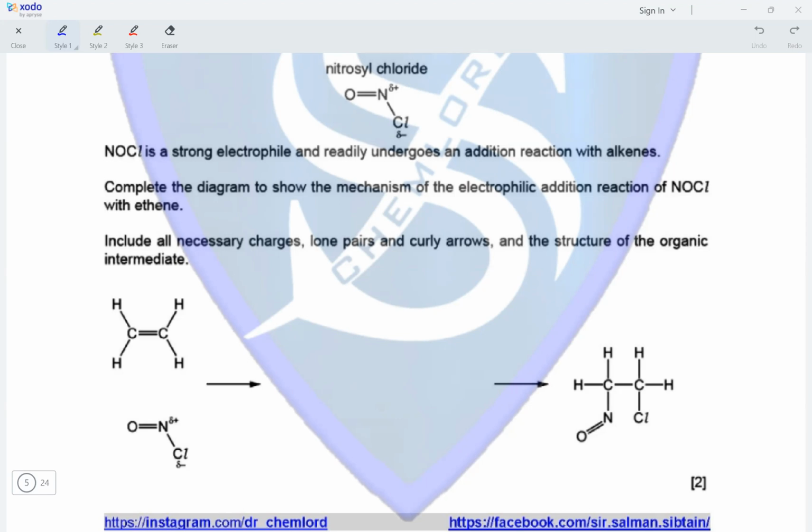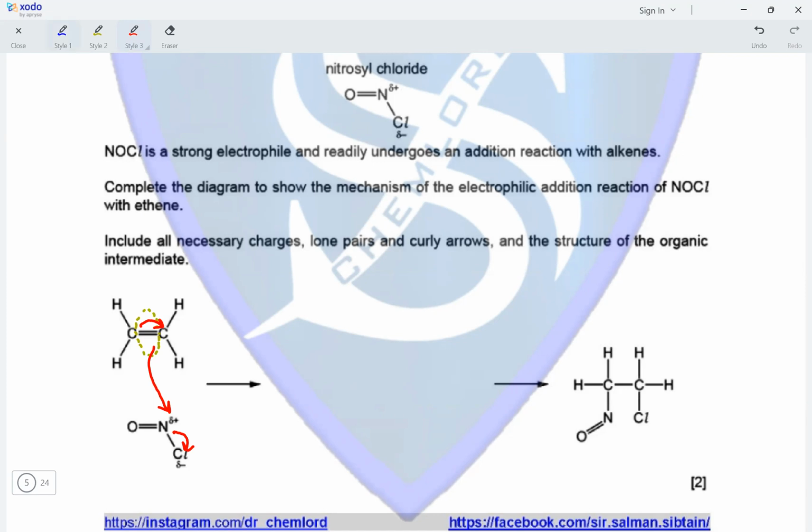So, in this compound, we have ethene reacting with nitrosyl chloride in this reaction. So, we have a pi electron cloud around the double bond, which will be attracted towards the positively charged nitrogen atom, because of which the N-Cl bond will undergo heterolytic fission as well as the carbon-carbon pi bond.